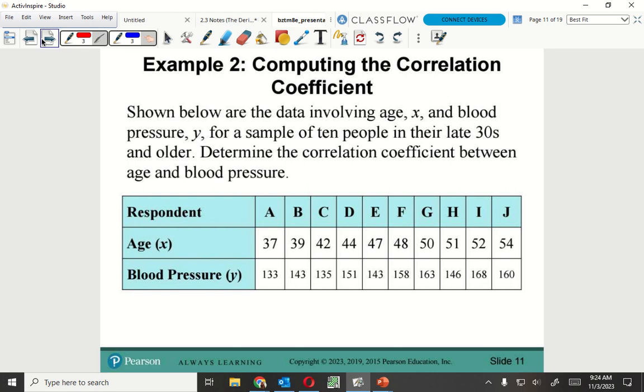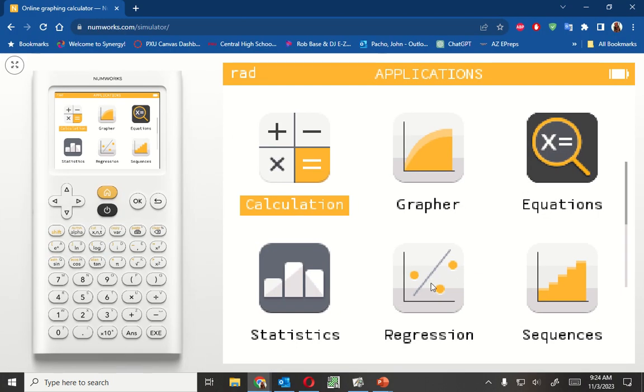Plug this in NumWorks. So we're going to do this right here. This is going to be my x value. This is going to be my y value, and we're going to put it into NumWorks under what? I'm going to hit the home button on NumWorks. Regression. Very good. Let's hit that right here. Regression. That's what I need.